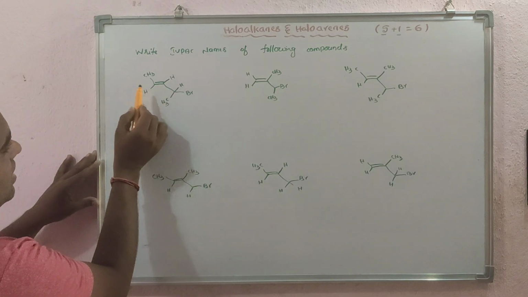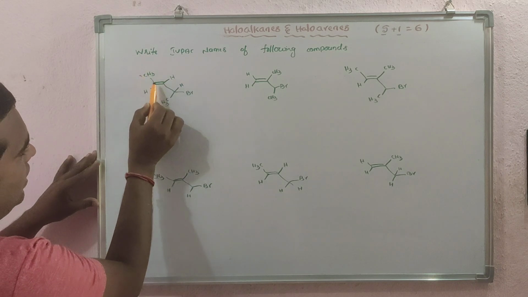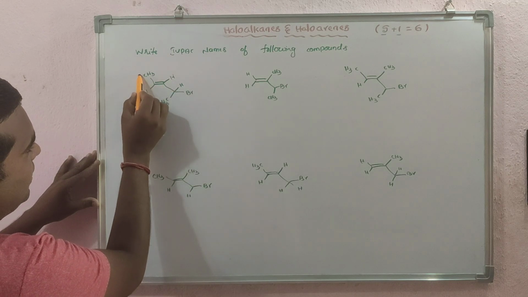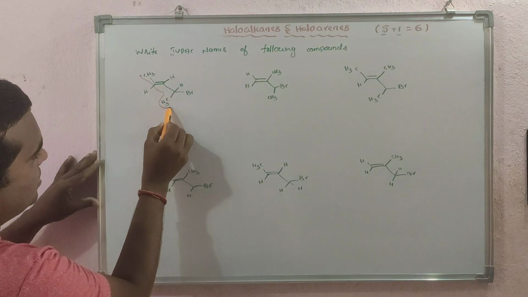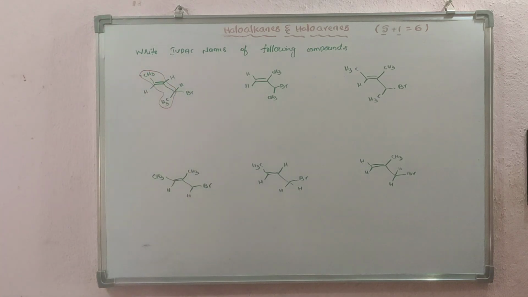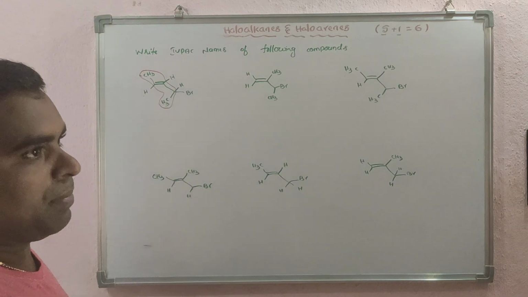Now this is the longest chain you see. This is carbon 1 and here 1, 2, 3, 4, 5. 5 carbon atoms. So that's why this is the longest chain. Clear? Next, after selecting the longest chain, you have to give the numbering.